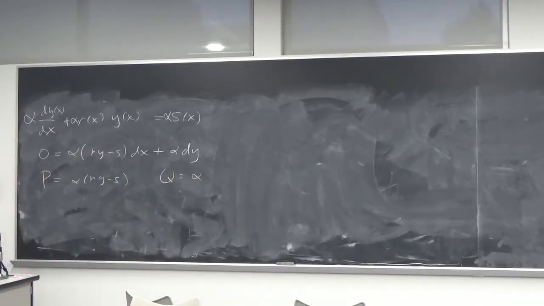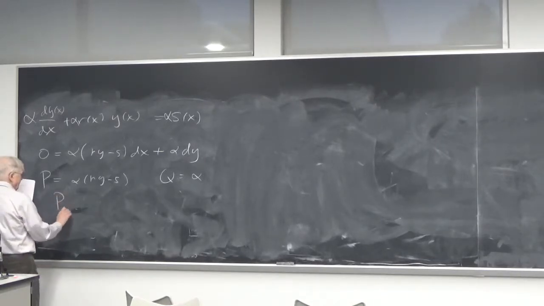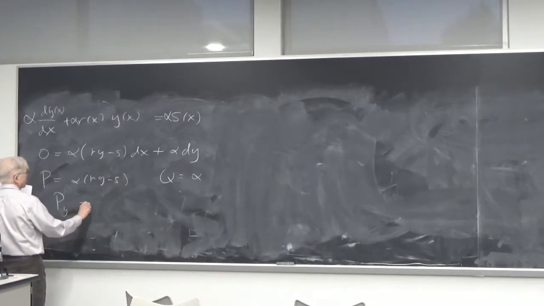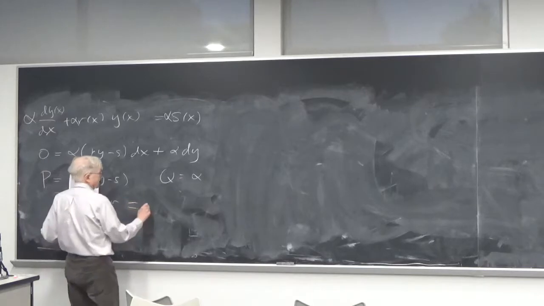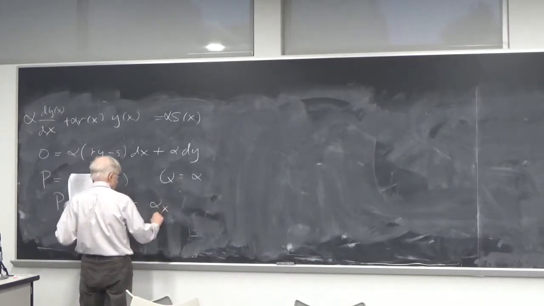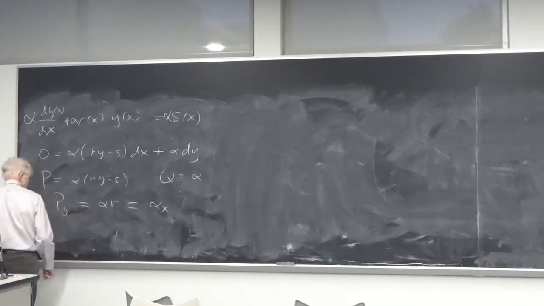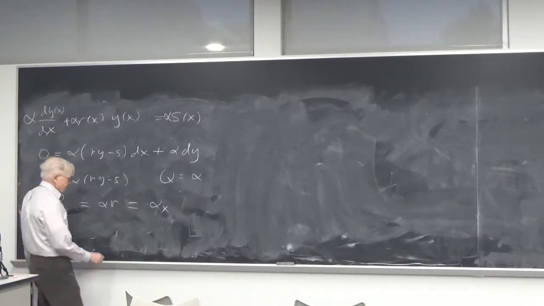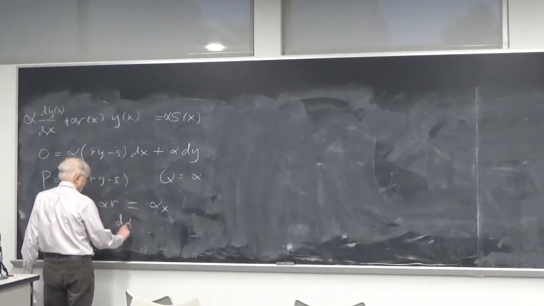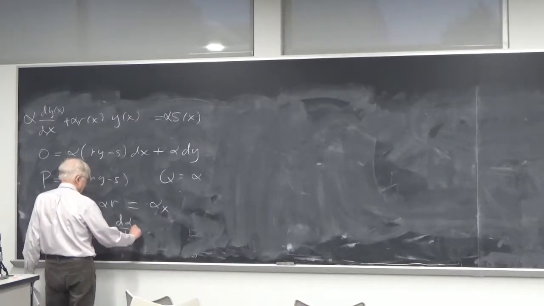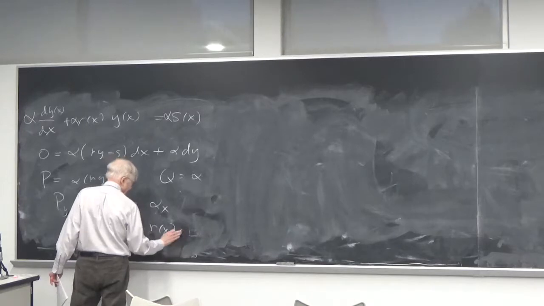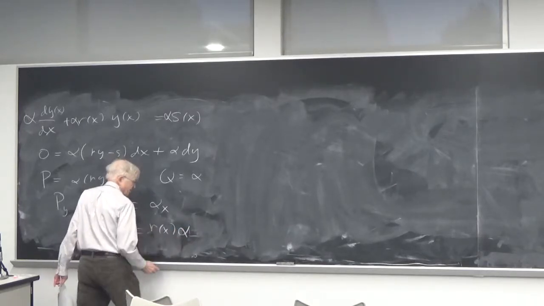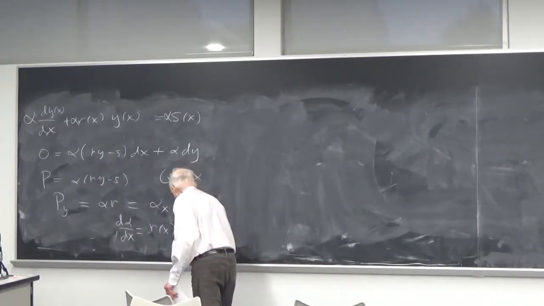And so the condition that this be exact is that the y derivative of P, which is just alpha r, should be the x derivative of Q, which is the x derivative of alpha. Well, this is an equation that's pretty easy to solve. It's d alpha dx is equal to r of x times alpha of x.